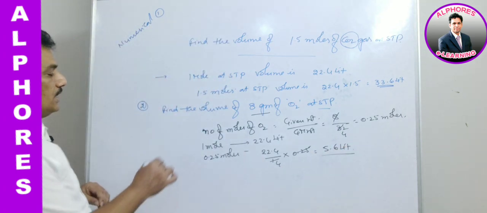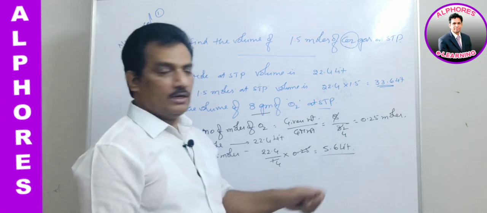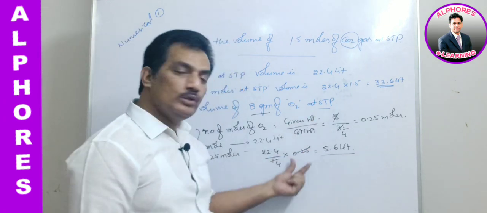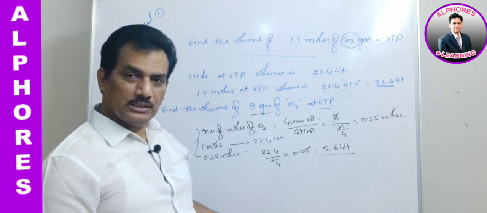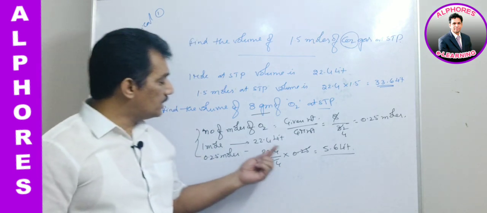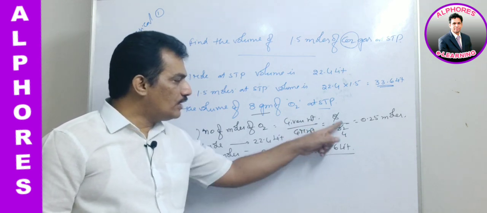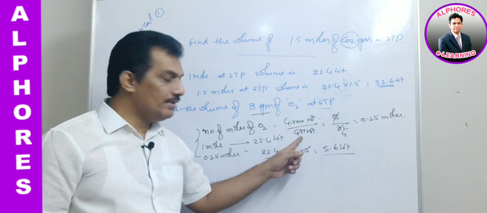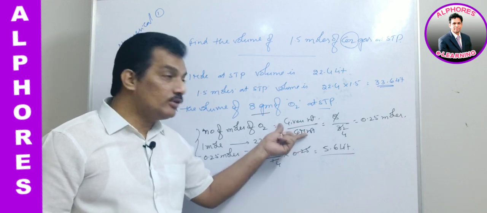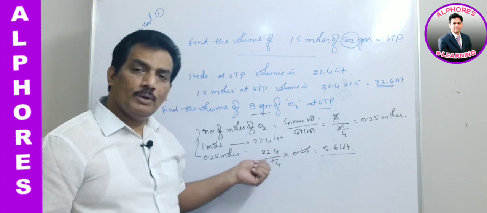And now, with this relation, is there any direct formulation for measuring this instead of 2 steps? Is it possible to measure in a single step? Yes, it is possible, because here what we are considering is 0.25. 0.25 is how we are getting given weight by gram molecular weight, that is equal to number of moles. This is number of moles into 22.4.